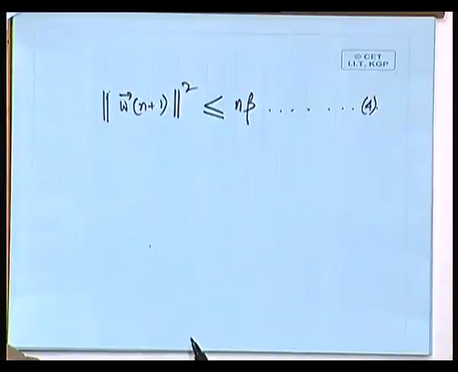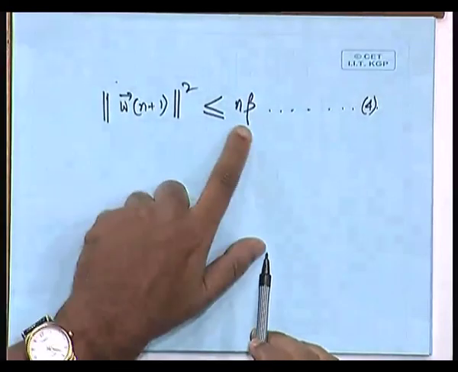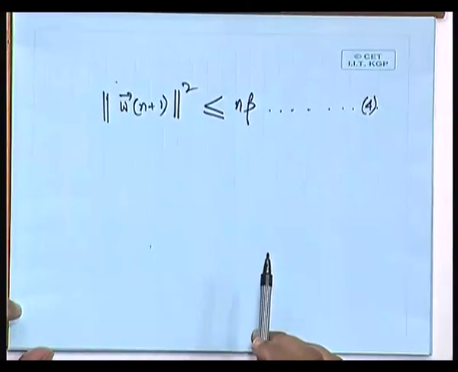Are equation 3 and equation 4, these two that I have shown, going to be consistent for a very large value of n? It will be impossible to satisfy both equations 3 and 4 simultaneously at very large n, because the lower bound is going to be very high, whereas the upper bound is going to be low.